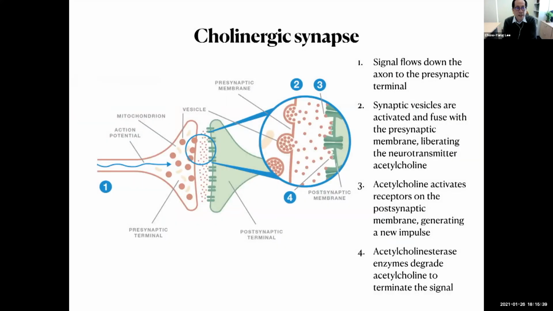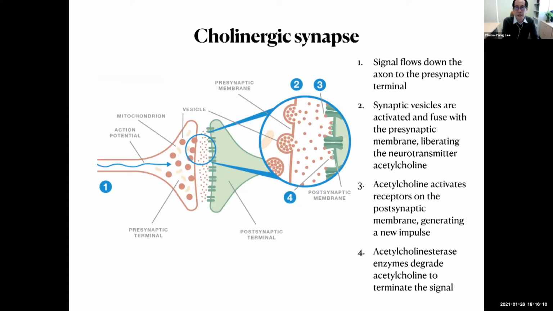On the other hand, when the impulse arrives at the presynaptic cleft, it will activate the vesicle to release acetylcholine. And as you can see right here, over the two, is shown there. So the acetylcholine would be released, travel through to the other side and bind to 3.